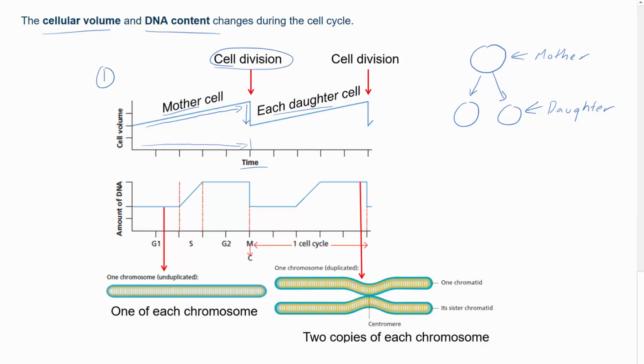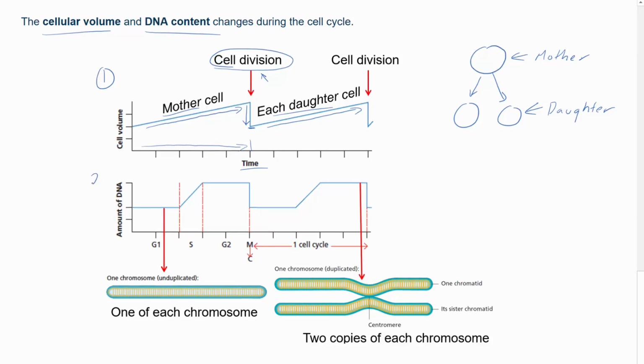The original cell, the mother cell, has to increase in volume as it grows, but also makes room for duplicated DNA. At this point here in time, cell division occurs and the volume of the cell then decreases so that each daughter cell that results from this cell division has the original volume of the mother cell. And then the process repeats itself again with each daughter cell.